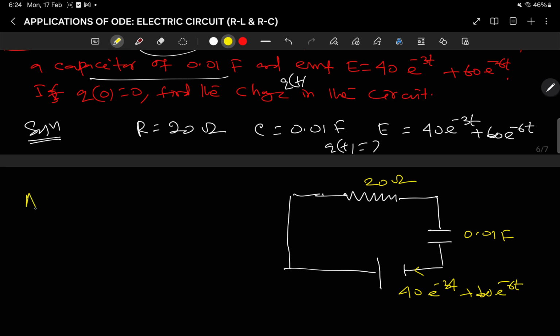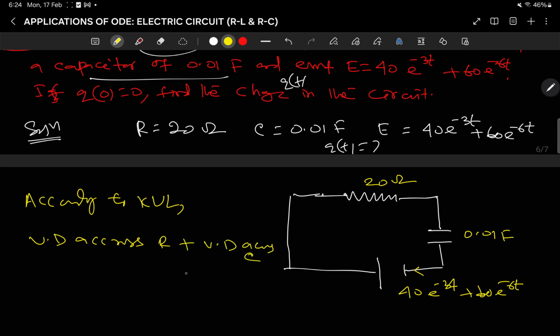According to KVL, the voltage drop across R plus the voltage drop across C is equal to E.